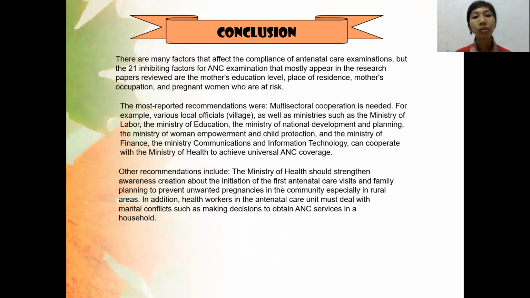The most reported recommendations were that multi-sectoral cooperation is needed. For example, various local officials, village, as well as ministries such as the Ministry of Labor, the Ministry of Education, the Ministry of National Development and Planning, the Ministry of Women Development and Child Protection, and the Ministry of Finance.